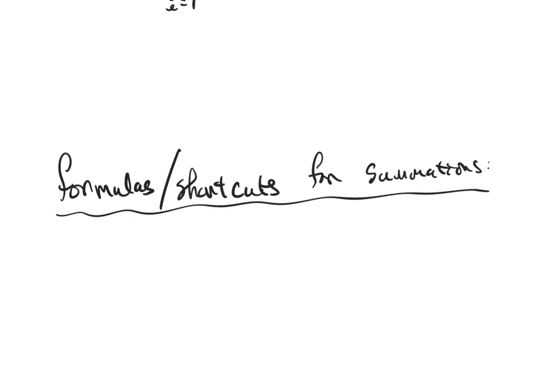All right, and the reason we've developed formulas or shortcuts for some of our summations is because we can have a problem like the following, which I'll now put up above here. We could have a problem like the following, which would be a lot of work. So if I gave you as an example, the summation from i equals 1 to 40 of 3i squared plus 2i minus 5, boy, this would be a terrific amount of work. Holy Moses.